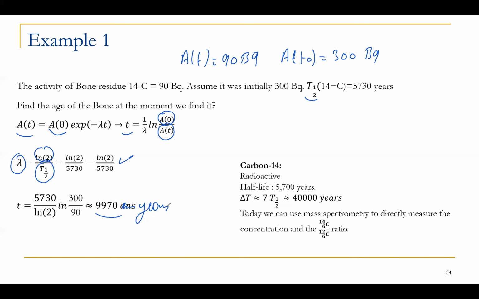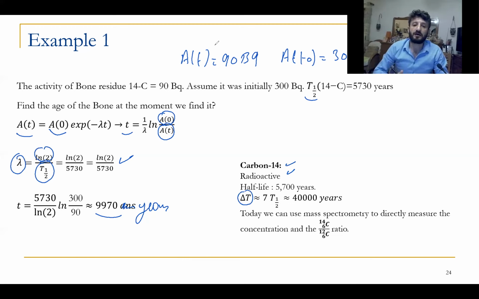As properties, C14 is a radioactive element. Second, the half-life of C14 equals 5,700 years. And you know, the total lifetime of C14 equals 40,000 years.